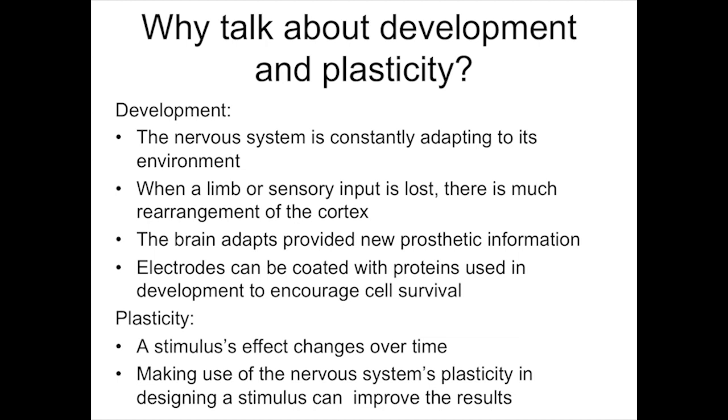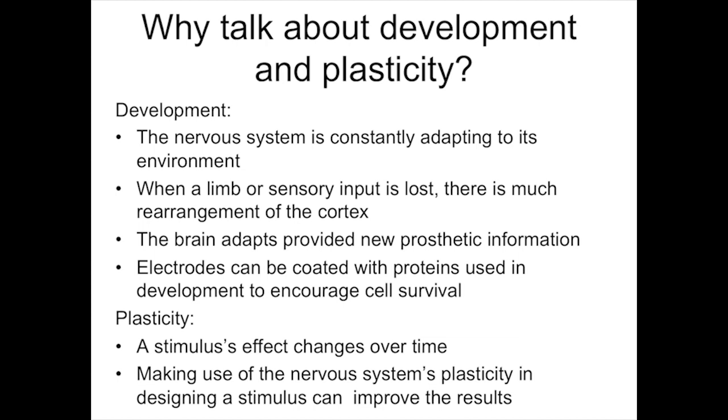So I want to go through and talk a little bit about how everything is structured. So we find that the brain is constantly adapting given its environment, and the environment can be a prosthetic that you're developing. When you lose a sensory input, like you lose an arm, there is a rapid rearrangement of the cortex, and I'll show you exactly how rapid it is. It is truly phenomenal.